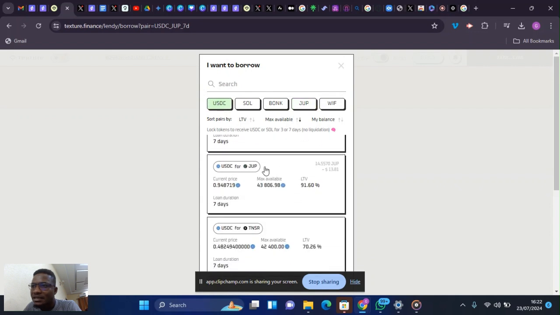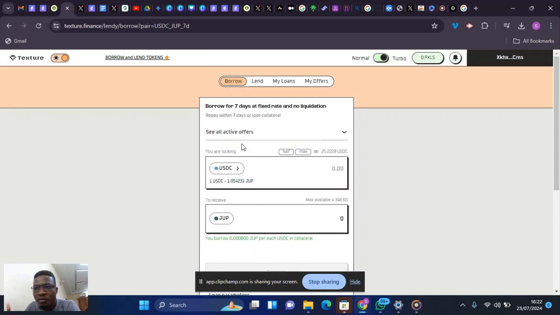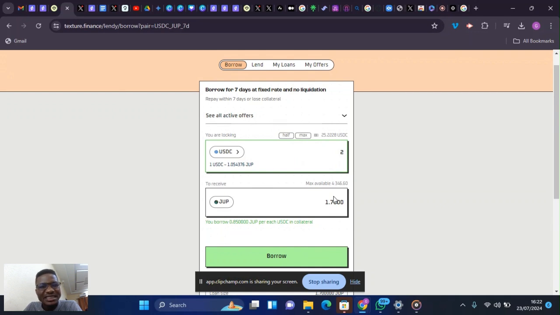You can see there are different pairs. You can filter these to Bonk, to JUP, and so on. So let me borrow JUP. Since this is a pair, I will need to lock down USDC and I will get JUP from there. For instance, let me lock 2 USDC, and I'll be getting 1.7 JUP tokens.